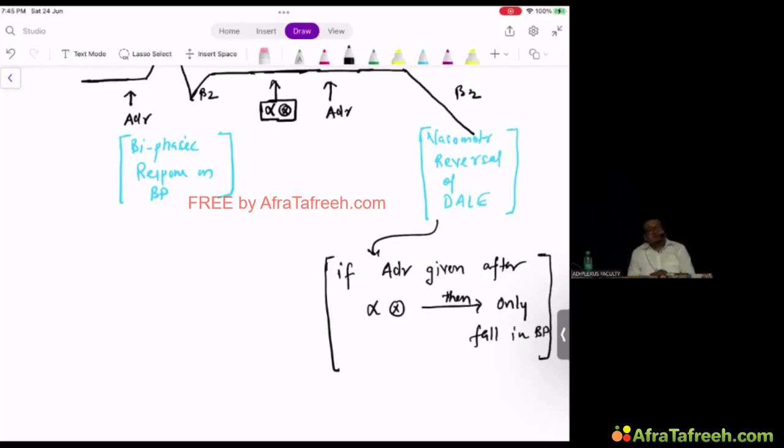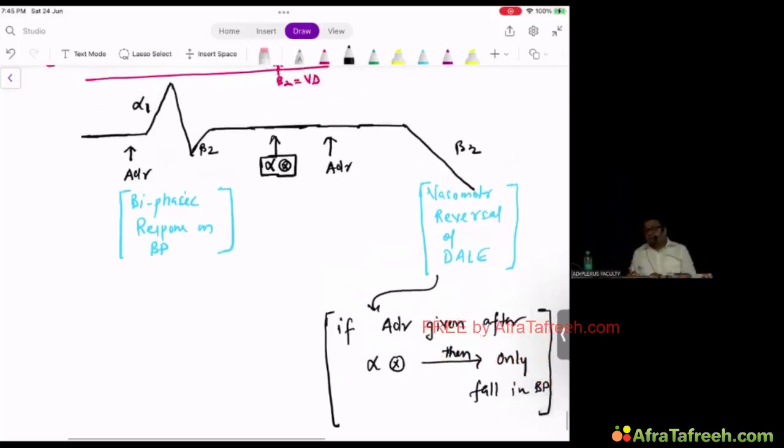That is vasomotor reversal. So normally if you give adrenaline, look at this diagram.